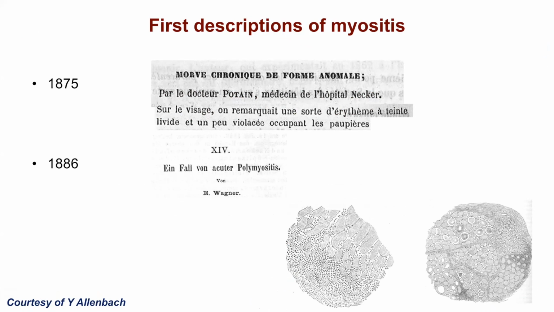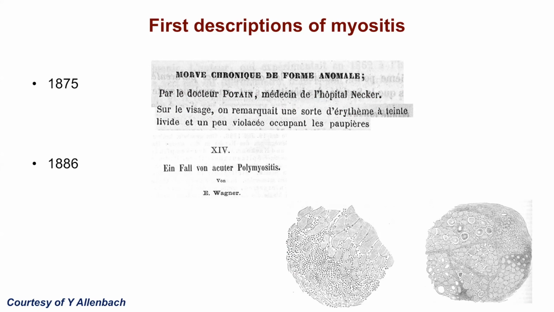So just a few words regarding the past history of myositis. We started in the 19th century with two first descriptions, first of all, of dermatomyositis by a French doctor, which is in French, but if you can read, it's in fact the description of the heliotrope rash.